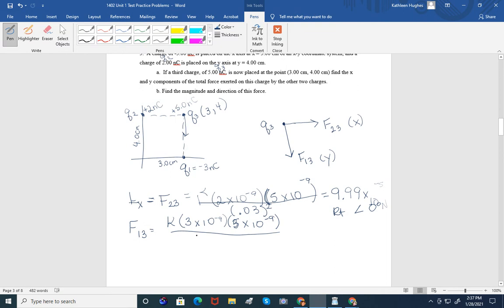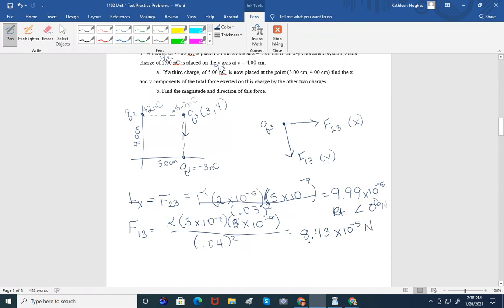That's 4 centimeters, so 0.04. Again, I typed that into my calculator, and I see that that force is, well, I don't need the negative, it's 8.43 times 10 to the negative 5 newtons.